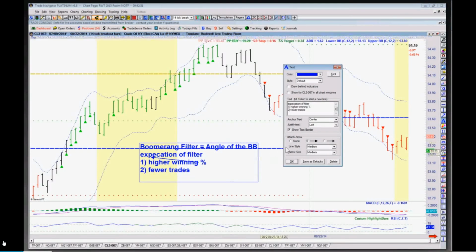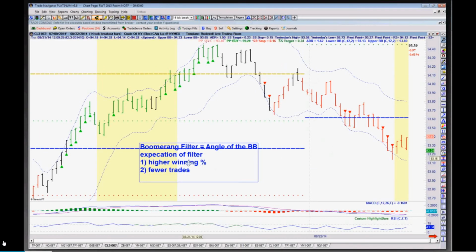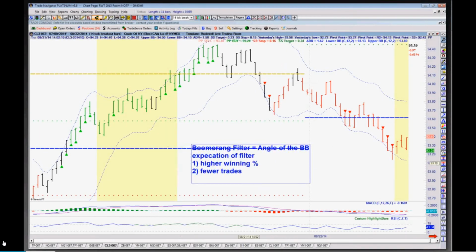So with all of our testing, we've found that the winning percentage is going to increase with the steeper the slope in an uptrend or a downtrend. But there comes a point where if you rely so much on that slope, you're going to have very few trades. So you have to find a comfort zone for you when you're applying this filter.